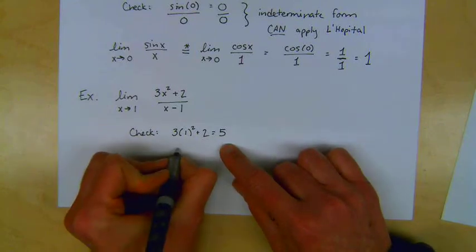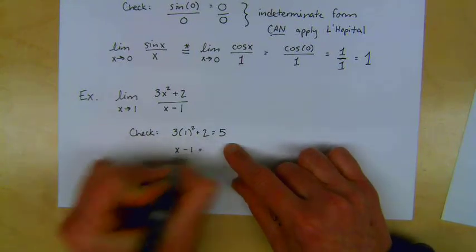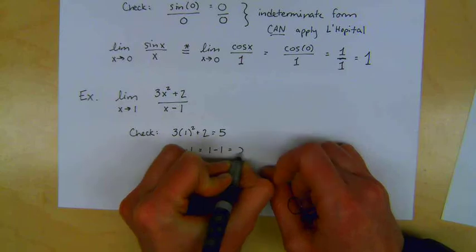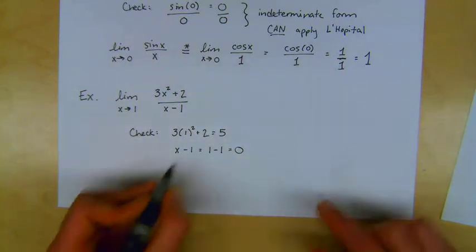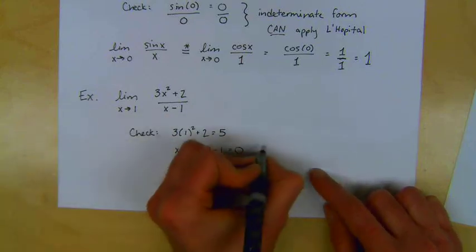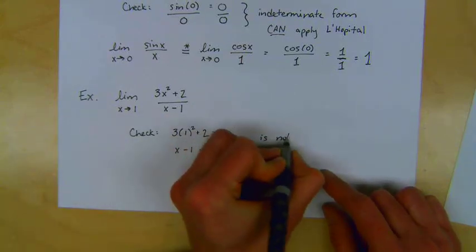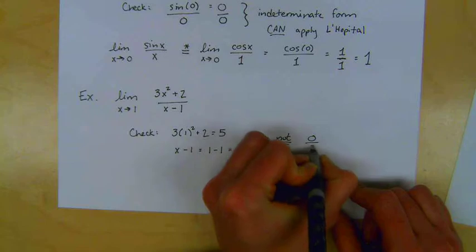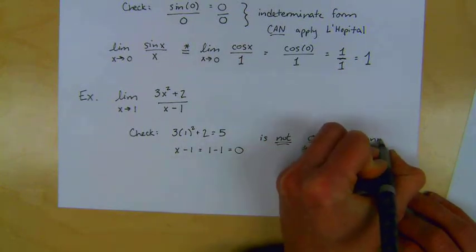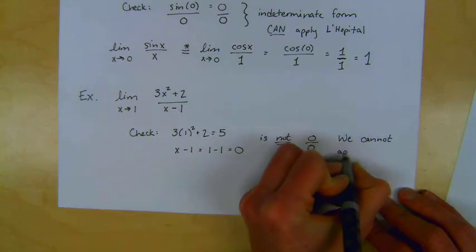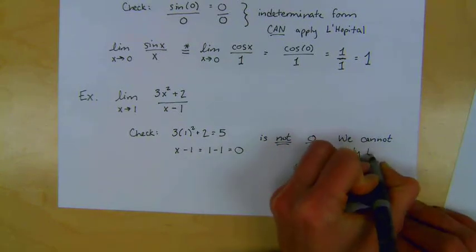And in the denominator, I get x minus 1, or 1 minus 1, which is equal to 0 in the denominator. But this isn't an indeterminate form. This is not 0 over 0. So we cannot apply L'Hopital's rule.